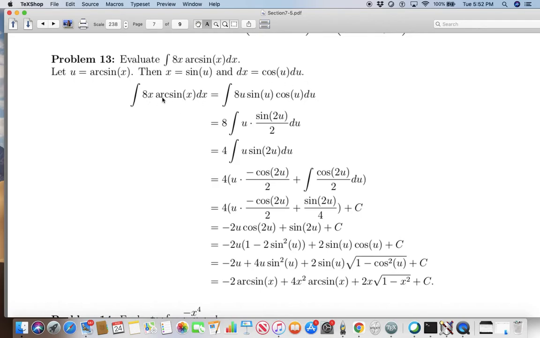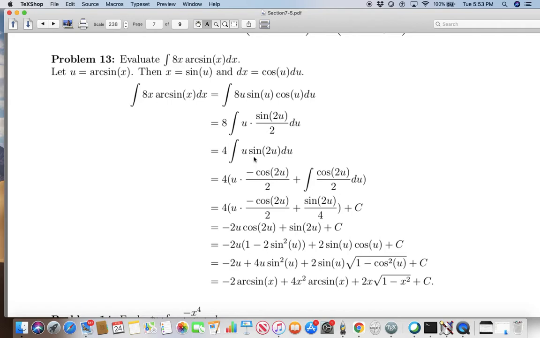So 8x arc sine x dx: 8, that's sine u. Arc sine gets me a u. And dx gets me a cosine u. Sine u cosine u, I can use double angle formula, sine 2u over 2. So 8 over 2 is a 4, u sine 2u du.